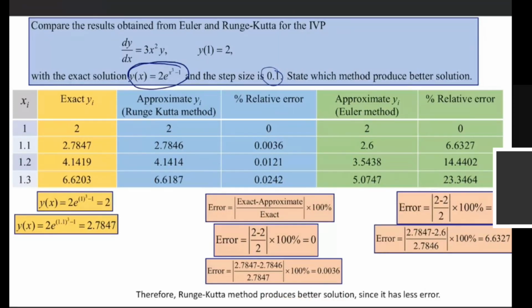So the Runge-Kutta method produces a better solution since it has less error. Okay, we solve this equation numerically because sometimes an ODE is very difficult to solve, so you cannot get the exact solution. That's why for a complicated problem, we use computational numerical methods to solve this equation.